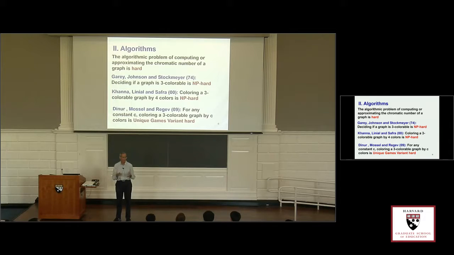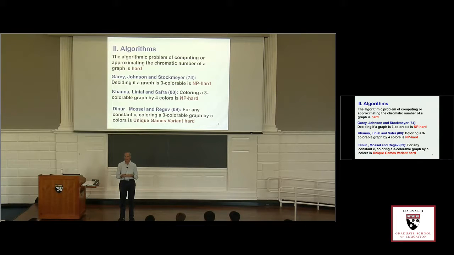So one of the early problems that is known to be NP-complete or NP-hard, this was proved by Garey, Johnson and Stockmeyer in the 70s, and this is that even deciding if a graph is 3-colorable, if the chromatic number of it is at most 3, is an NP-hard problem.